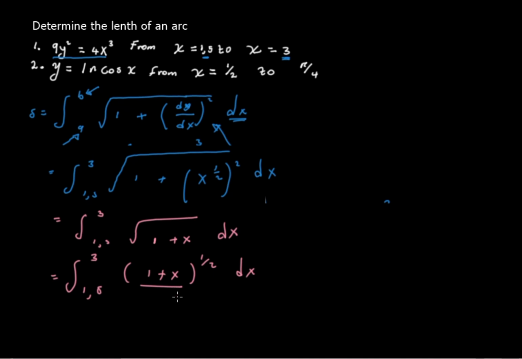Looking at this function, we add 1 to the exponent, which gives 3 over 2, but here we write the multiplicative inverse, 2 over 3, multiplied by 1 plus x, all to the power of 3 over 2. It doesn't affect you a lot because the exponent of x in this case is 1, so it is simple.